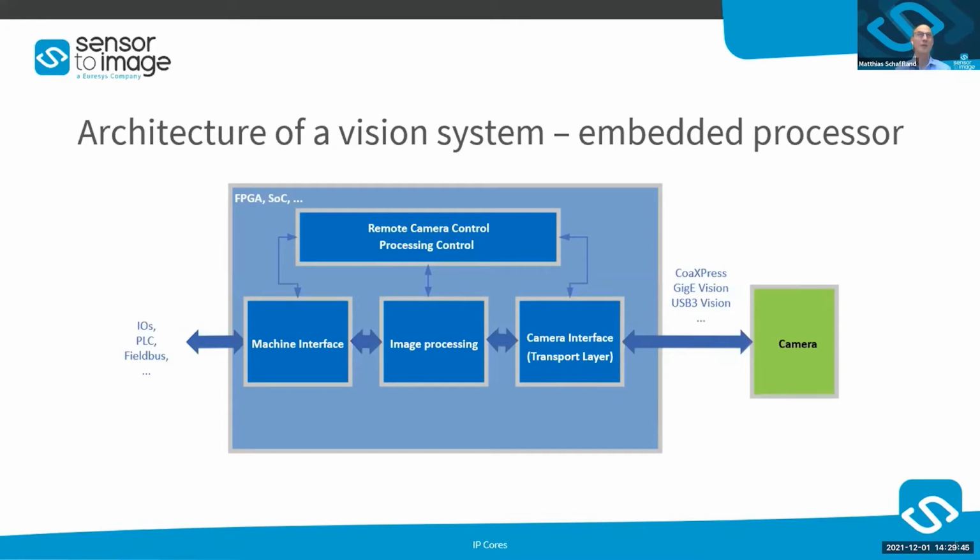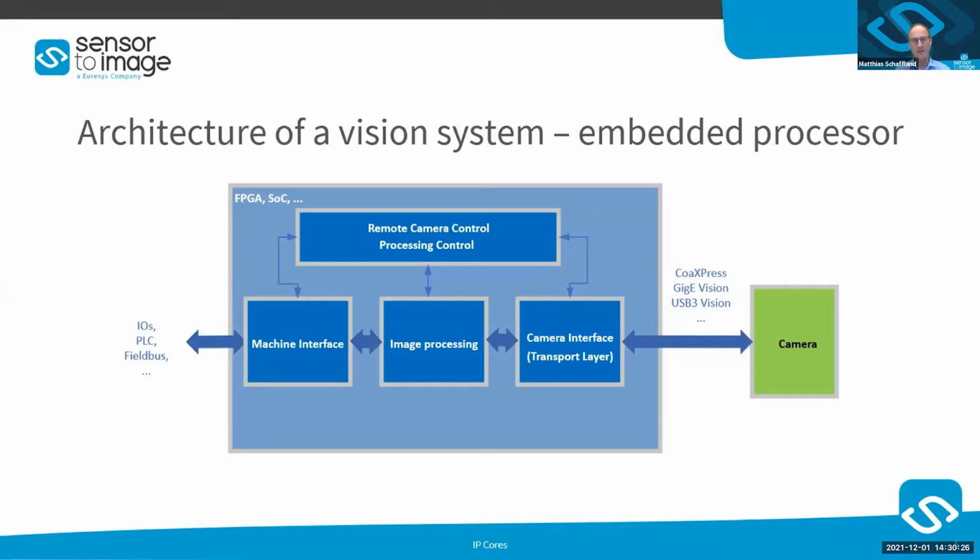And this camera interface also does the protocol decoding and exposes the image data in an easy way for further processing. Then we have an image processing block, which was discussed in the previous section. And at the end, we could have a machine interface to control some IOs, some PLCs, go on a field bus, or maybe we just retransmit the data using a MIPI interface, or again something like GigE Vision for further processing on a different computer.